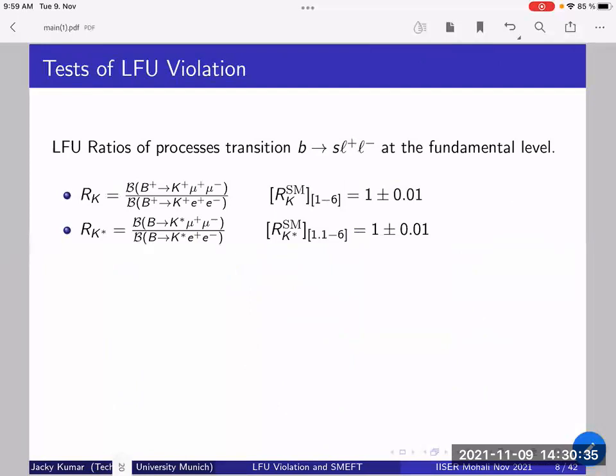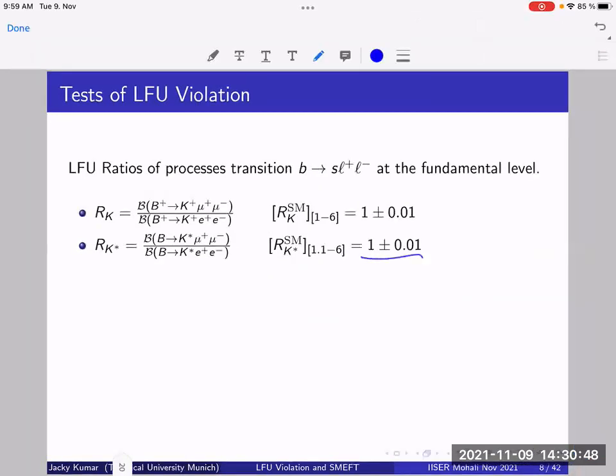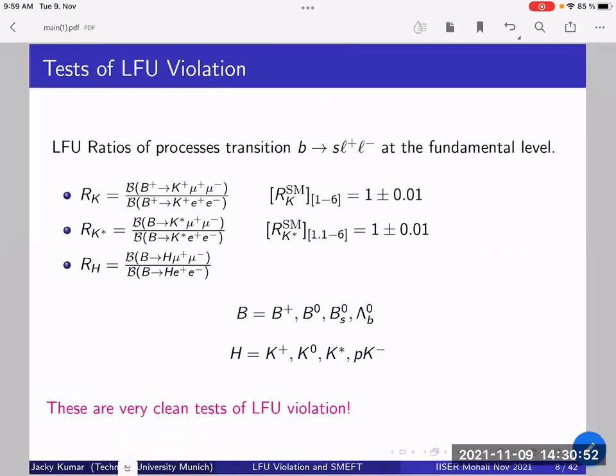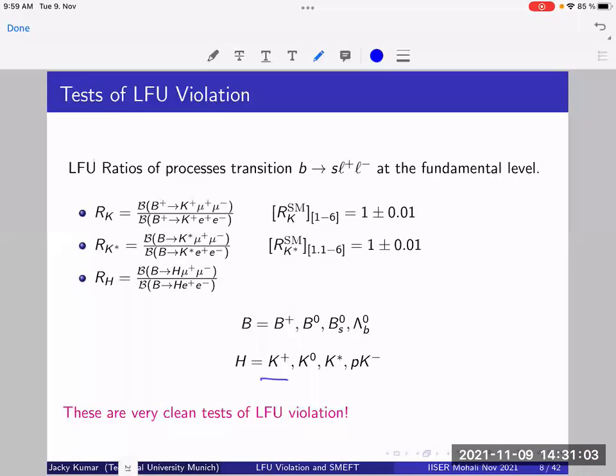So you can also have similar ratios for B to K star mu plus mu minus. This is a very similar mode, and here also the prediction for the standard model is very, very precise. So you can go on and construct more ratios, with different channels. You can have B_s^0 in the initial state, and various types of hadrons like K plus, K0 in the final states.